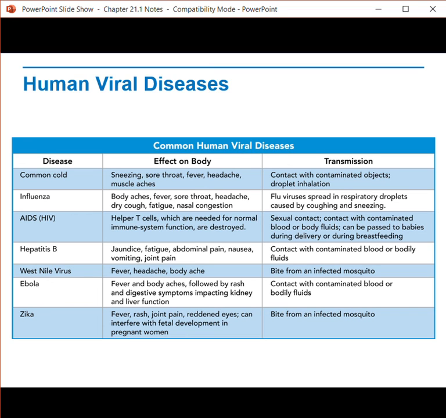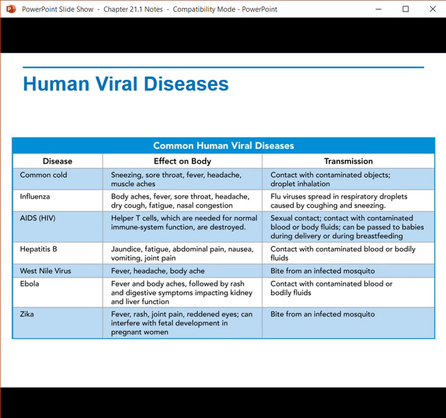So let's do a quick question. Which virus comes from the bite of an infected mosquito? I'll give you about 10 seconds to find that. Okay, so it's asking which virus comes from the bite of an infected mosquito. That has to do with transmission.